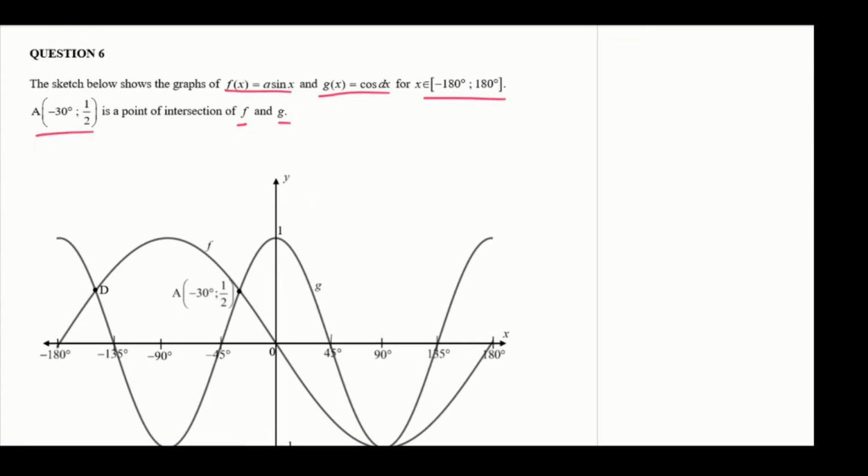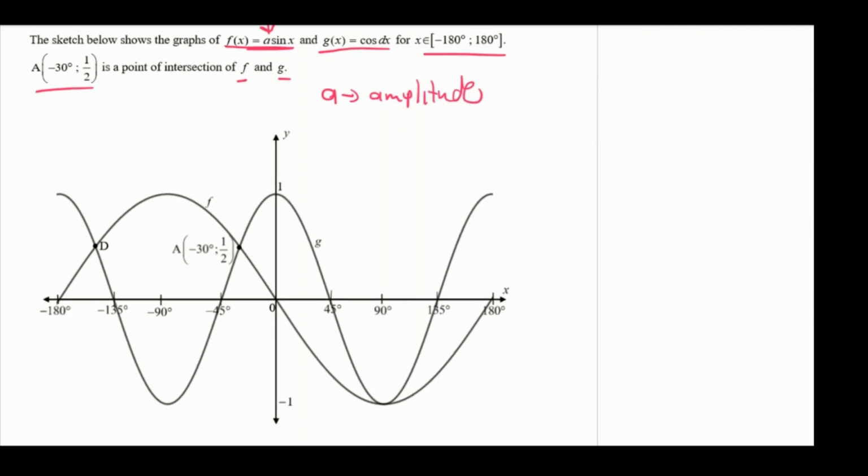If you look, we have f of x and the value of a is this one here. Any value that is before your trig ratio is called an amplitude. So a is an amplitude. For us to find a, we're going to look at the amplitude of f.